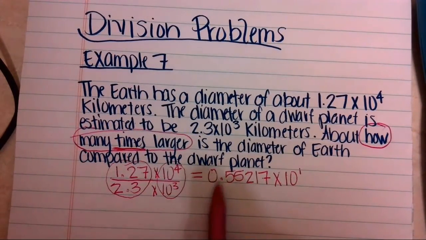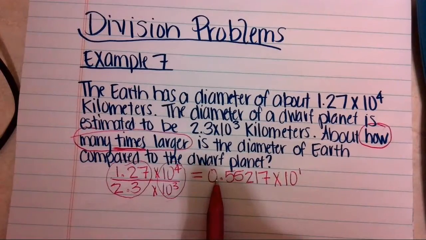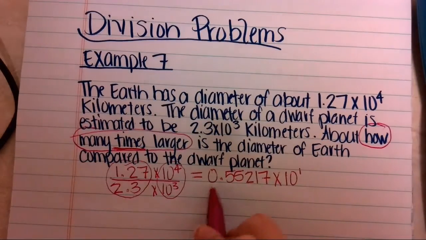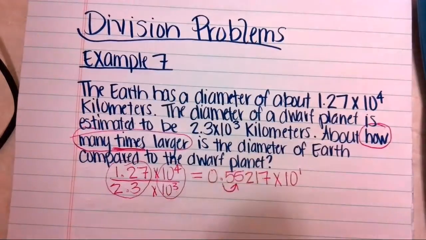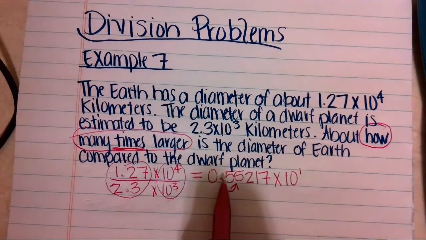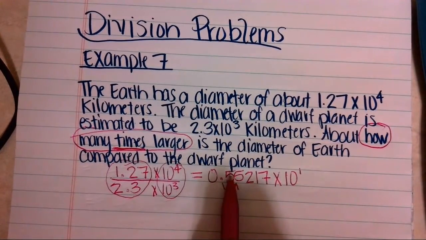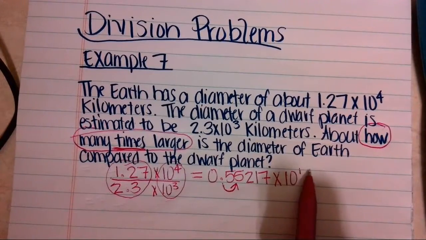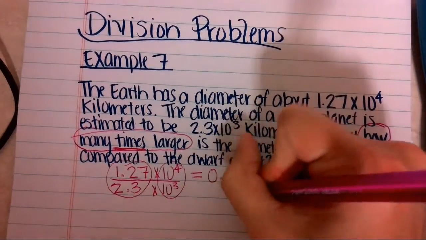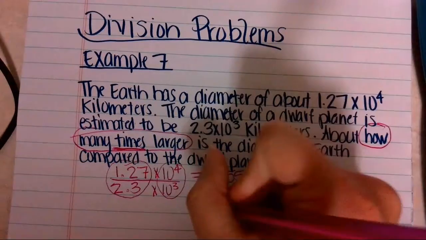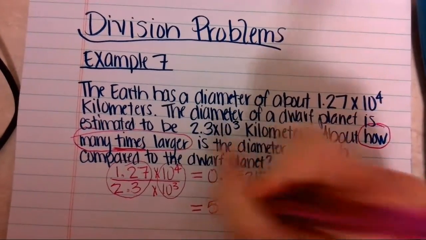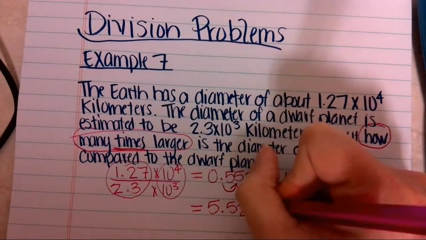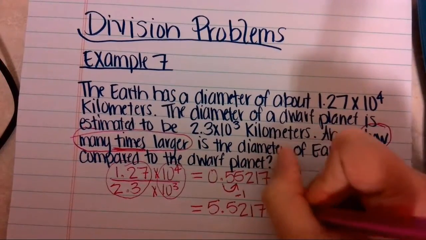So this number right here is smaller than 1, so I need to move my decimal so that it's between 1 and 10. So I'm going to move it one place. When I do that, it's going to make this number larger. So if I make this one larger, I need to balance it out by making this one smaller. So I'm going to subtract 1. That's going to give me 5.5217 times 10.